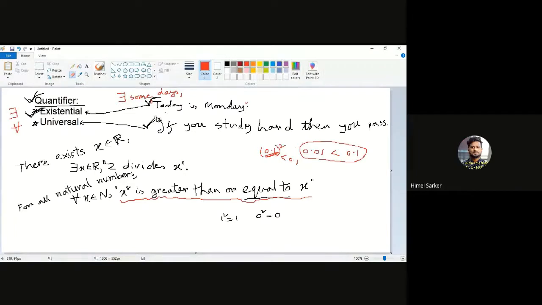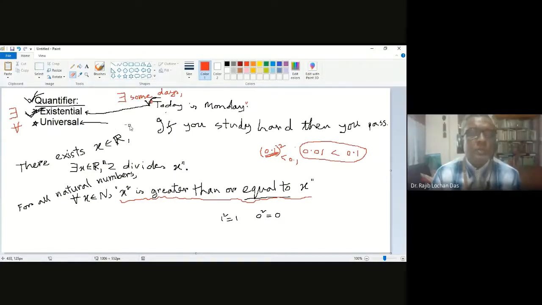Okay. Because some people pass and some people fail. So if you think that this is not correct for every person, then it is not a universal quantifier. Again, some person may be available in the country for whom this sentence will be true. That is again an existential quantifier.